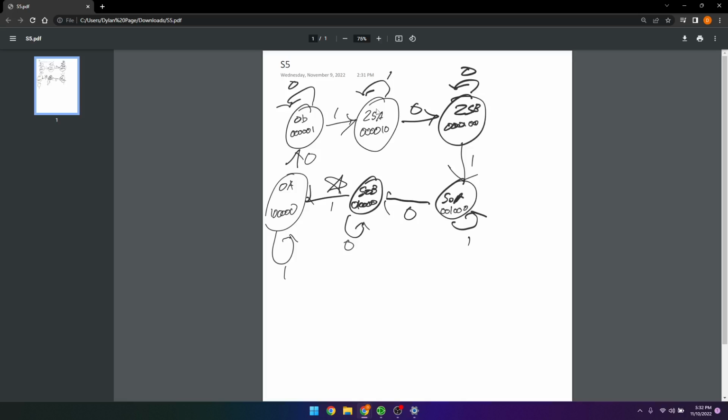But since we're counting for a held signal, this will transfer over to this when a quarter is entered, and then if we keep inputting a quarter on every clock cycle, we're just going to keep going back to this state until we're no longer putting in a quarter.